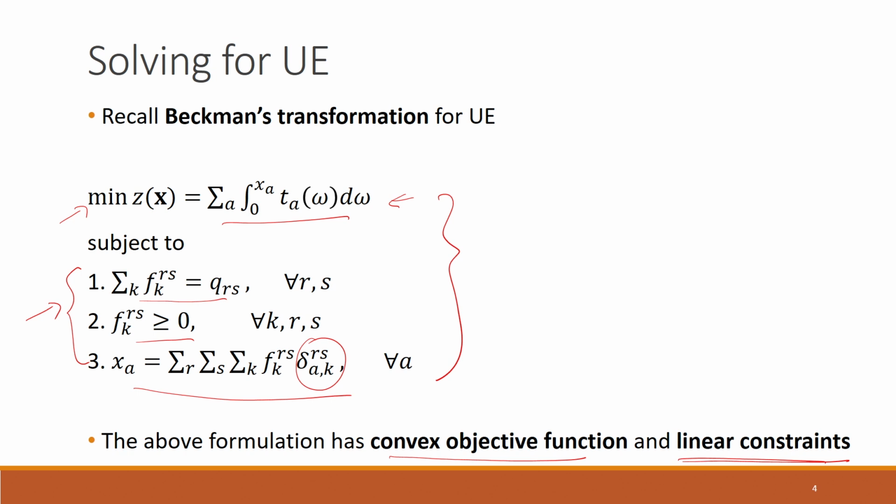That is why the fact that the optimization formulation of user equilibrium has a convex objective function and linear constraints is helpful, in the sense that we will be sure that when we use the convex combination algorithm, we will reach the optimal solution.